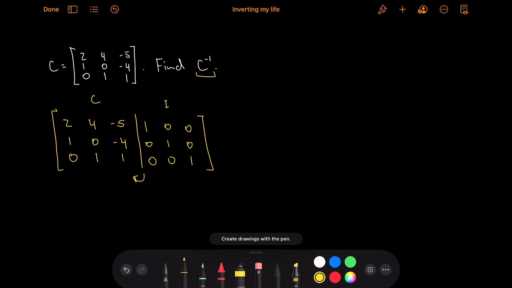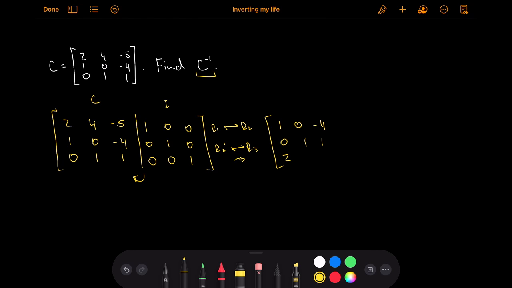So row 1 and row 2 switch, and then the new row 2 and row 3 switch. And so what ends up happening is that we'll have 1 0 -4, 0 1 1, 2 4 -5.